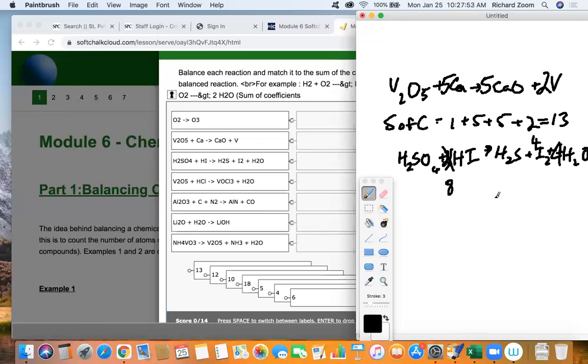So you see, it does become a dynamic process in order to balance something. The sum of coefficients on this one would be 1 plus 8 plus 1 plus 4 plus 4, which would be a total of 18.